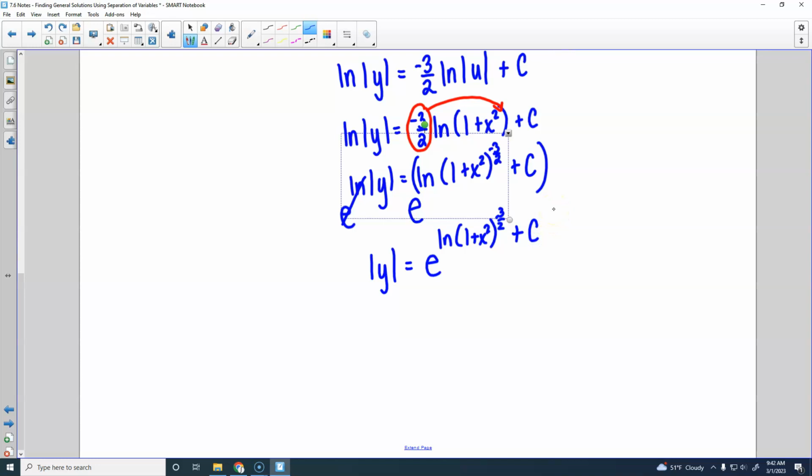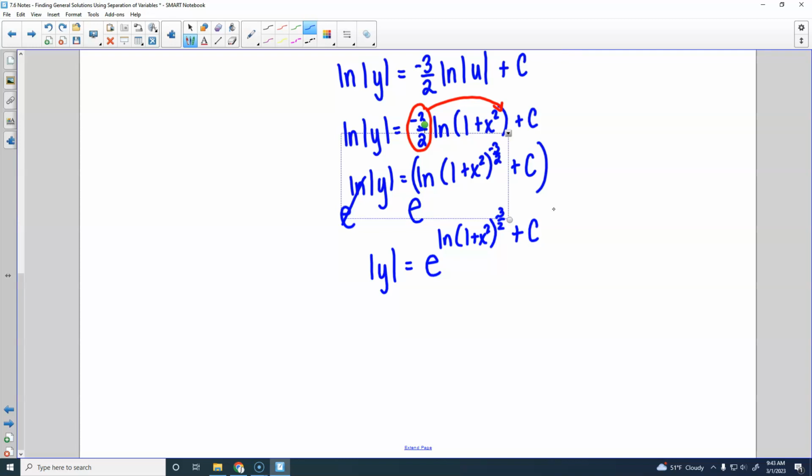The c is not inside of that natural log. So the c makes it where the e and the natural log are not going to cancel out right away. Okay, if the c was on the inside of the natural log, then the e and the natural log could cancel, but it is not, and you can't put it there. There's no rule that'll let you put it there.